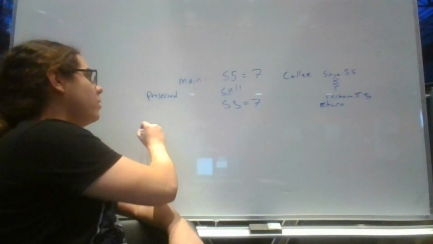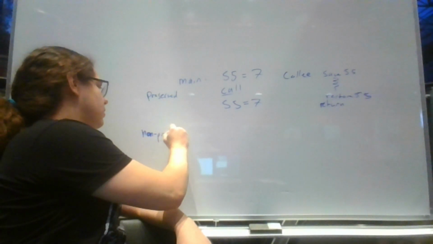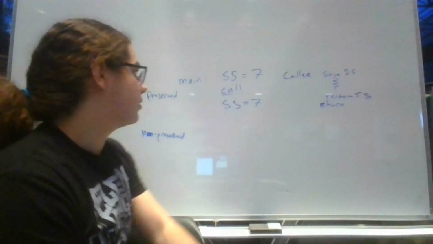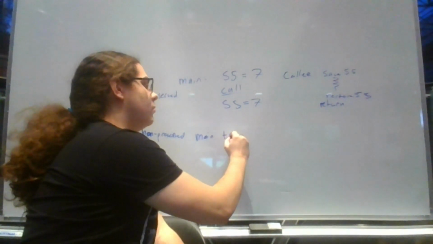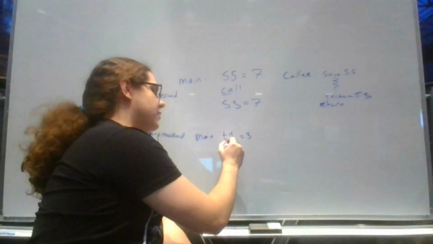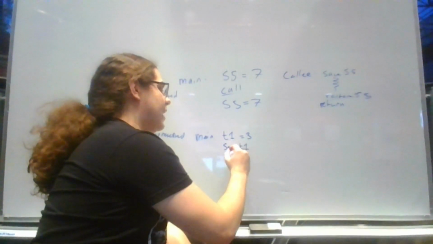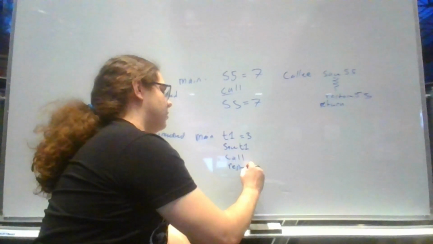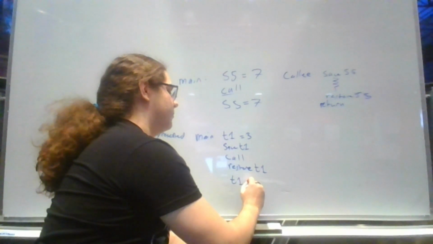Now, in the non-preserved register case, for example, the T registers are an example of a non-preserved register. Here, if main cared about T1 before a function call, main would be in charge of saving it. So main would have to save T1 on the stack, then do its function call, and then restore T1. And now T1 is equal to 3 again.